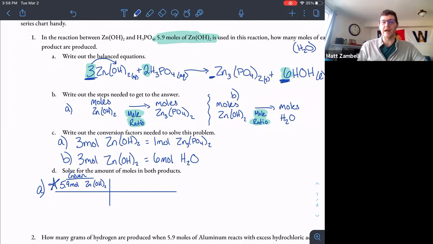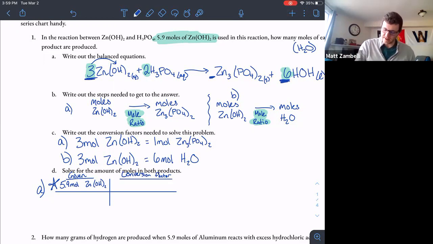All right. So now that we have our given, we have to use our conversion factor to go from one unit to the other. So our conversion factor goes in our next column. For problem A, we're trying to go from moles of zinc hydroxide to moles of zinc phosphate using what? The mole ratio.